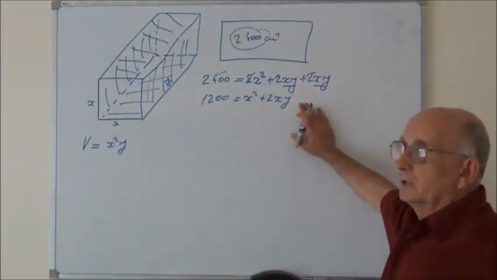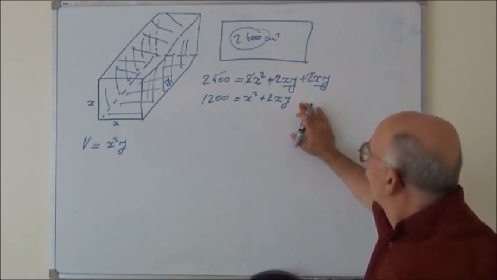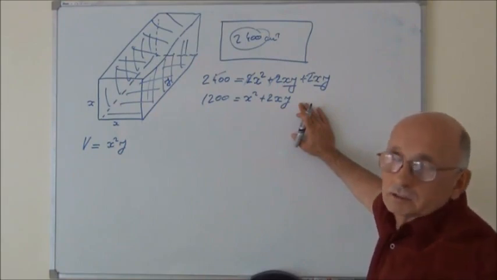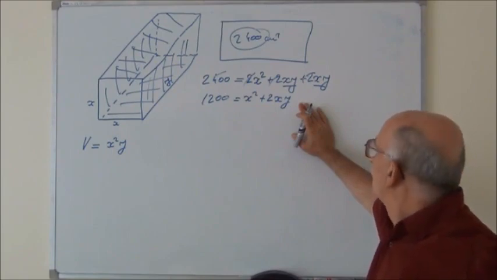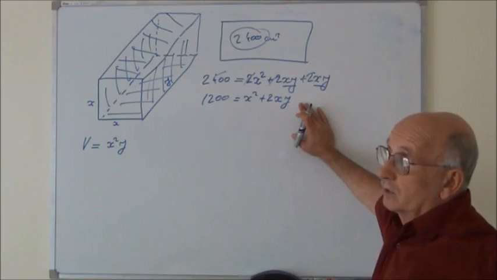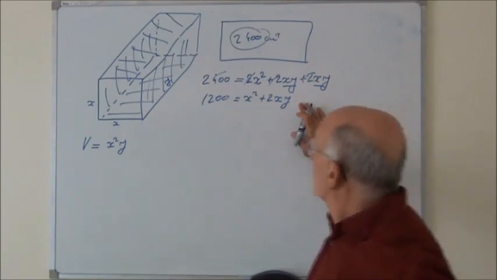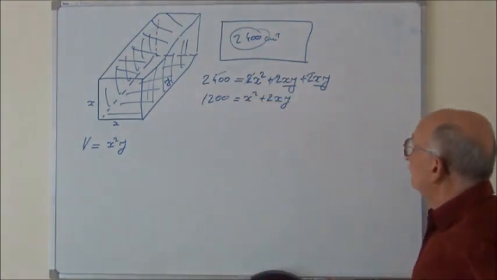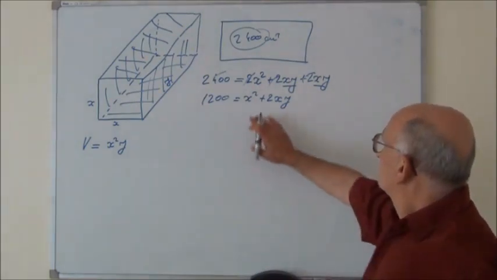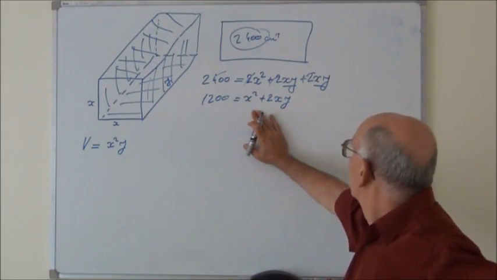Now, when we discussed how to work with minimum and maximum problems, I said it's usually the same if you express x in terms of y or y in terms of x. However, sometimes that can make some problems in further work. So, which variable here to express in which terms?